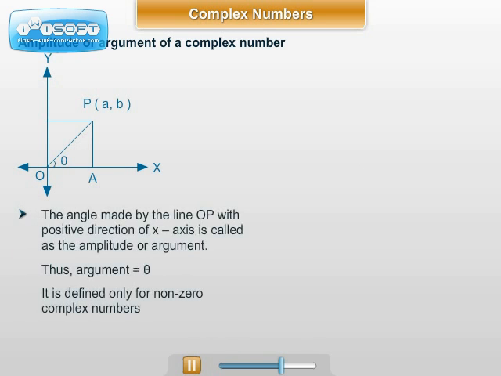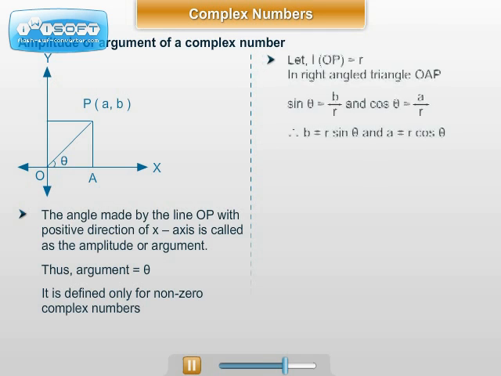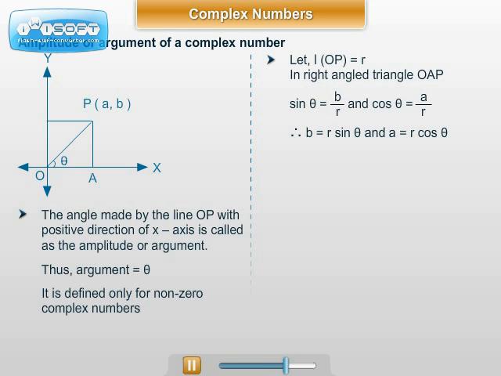Now amplitude, which is also called an argument. In the figure, if ray OP makes a directed angle θ with the positive direction of the x-axis, then θ is called the amplitude or an argument of the complex number z = a + ib. Let length OP = r and angle XOP = θ.